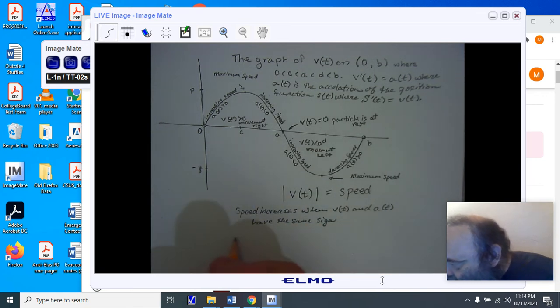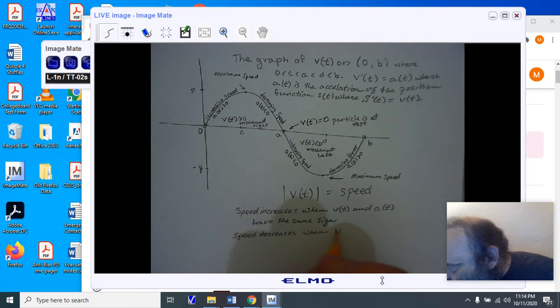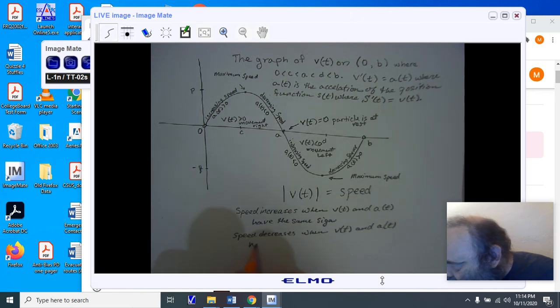Furthermore, when they have opposite signs, the speed is going to decrease. So speed decreases when velocity and acceleration have opposite signs.